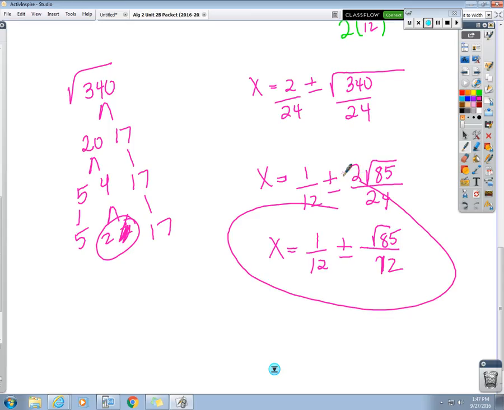Once you've copied that, go ahead and flip to page 9. No, that's 1/12. Look, 2/24 reduced to 1/12. But it's understood, you don't have to write it. Okay, I'm moving on.